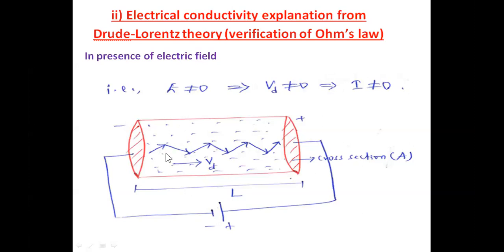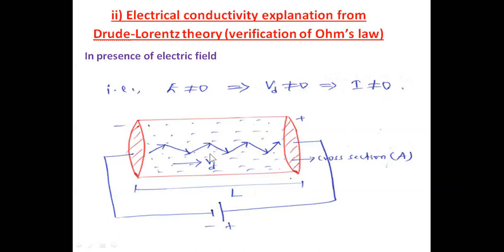You can see here there is an acceleration of electrons in a particular direction which is given by this electric field. For example, this is the negative and positive terminal of the battery. You can see the electrons are moving towards the positive terminal, so that they are producing a net movement in a particular direction, so that they constitute some non-zero current in presence of electric field.